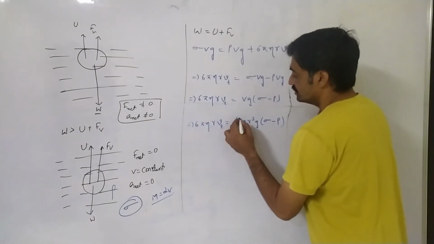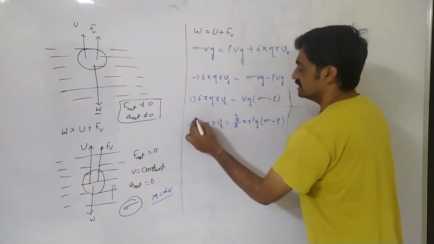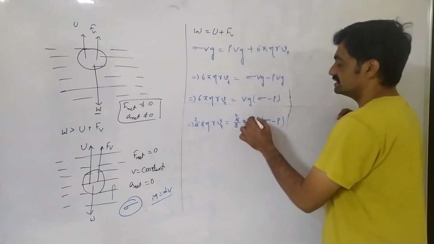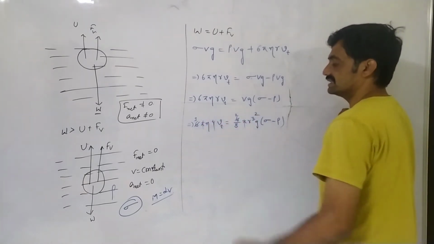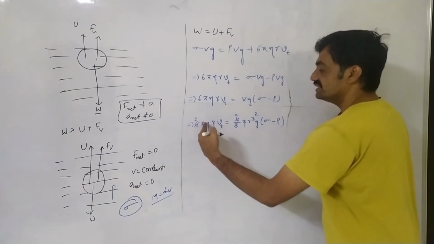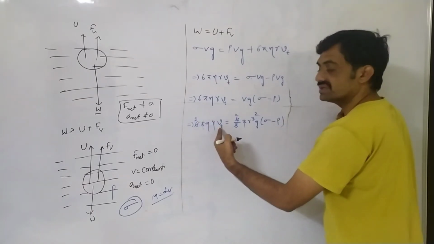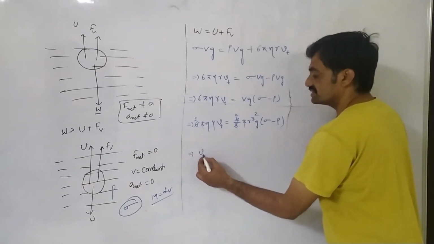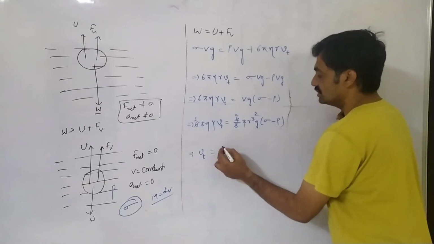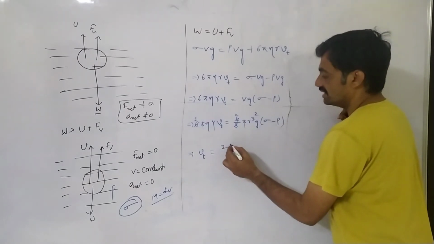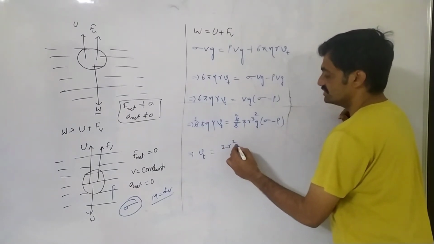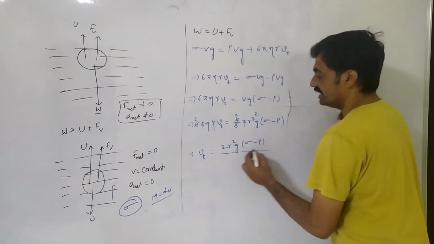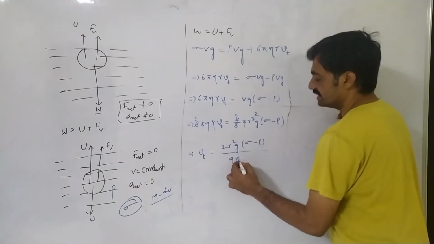Observe that 2 2s are 2, 3 3s are 3, and here 1 pi gets cancelled as well as 1 r gets cancelled. Then as we bring these remaining quantities, except terminal velocity, the terminal velocity is given as 2 into r square g into sigma minus rho by 9 eta.